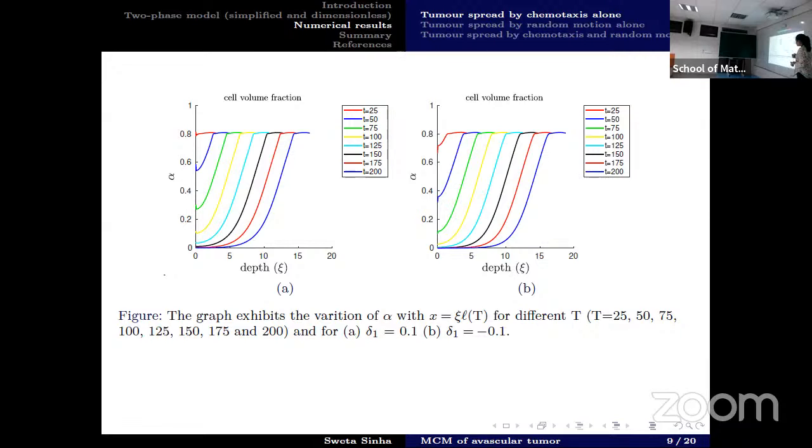But if we observe figure 1 and figure 2, in the inner region at final time, the length of the cell volume fraction presence is very small, and here the length is more. This means the water phase in the inner region is expanding in figure B as compared to figure A, at the final time.